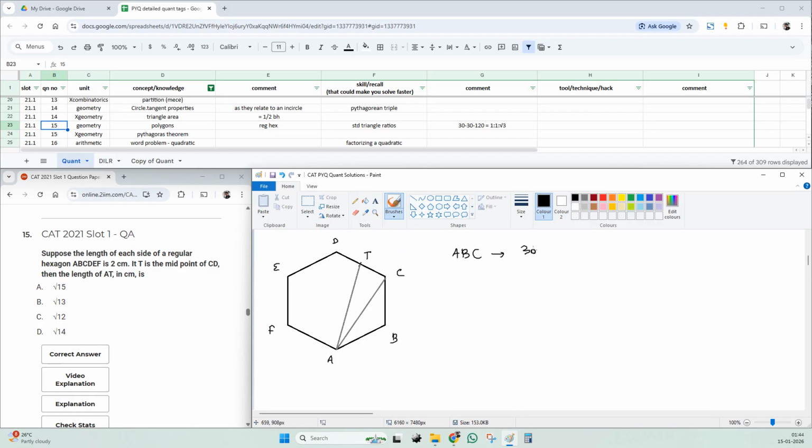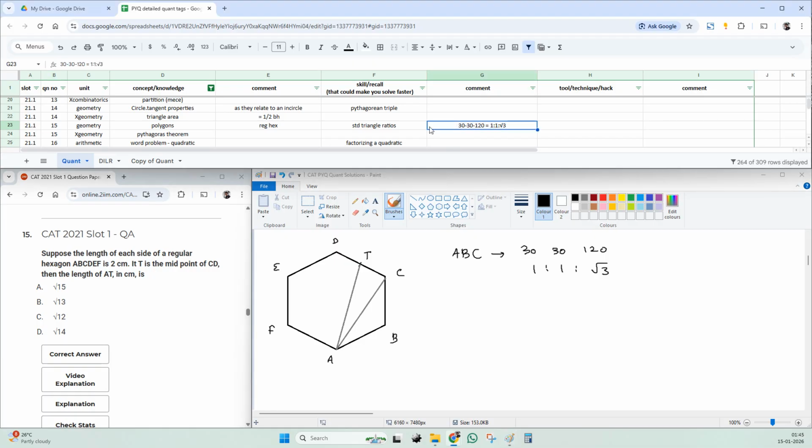ABC is a 30, 30, 120 triangle, and you should know by heart, if you're a serious CAT aspirant, that this will have sides in the ratio 1:1:√3. This is the optimizable bit here. If you know this by heart, standard triangle ratio, there are a few triangles like this.